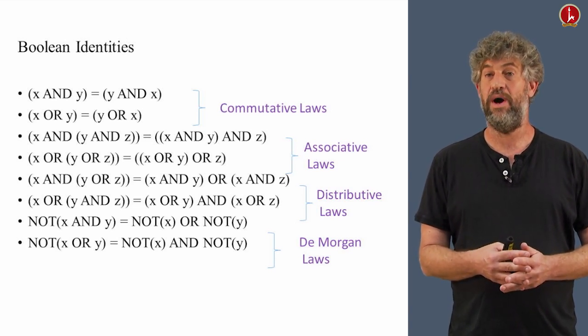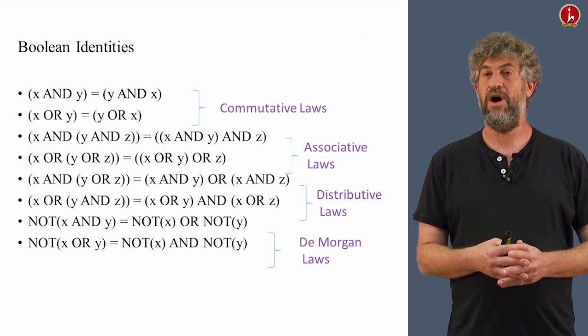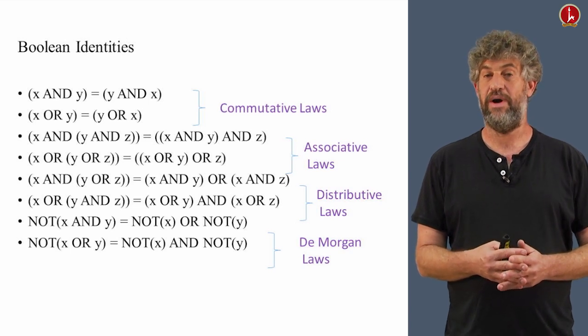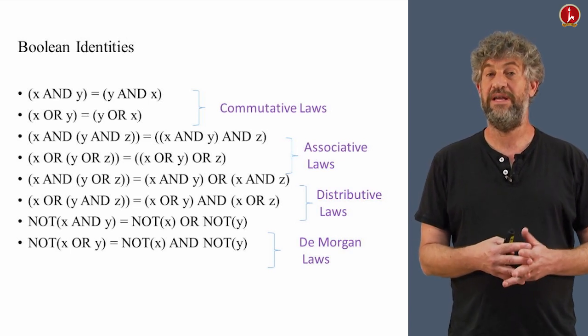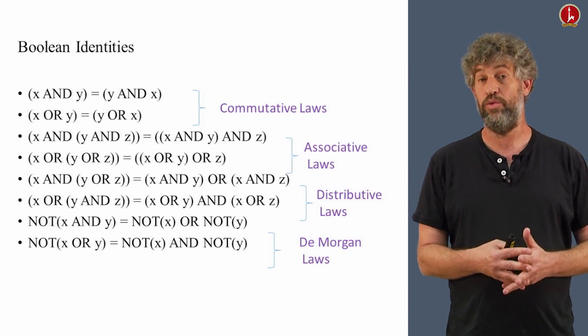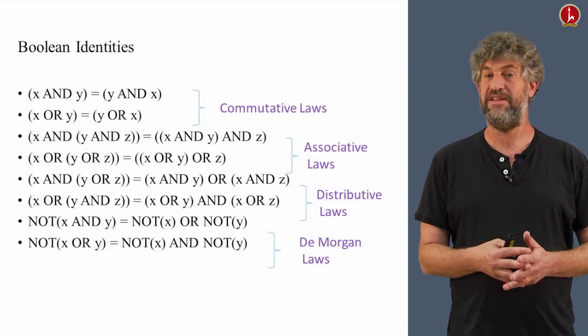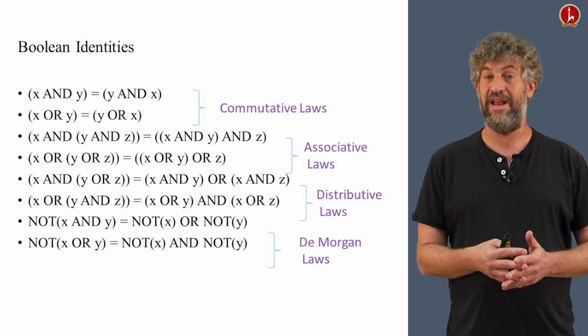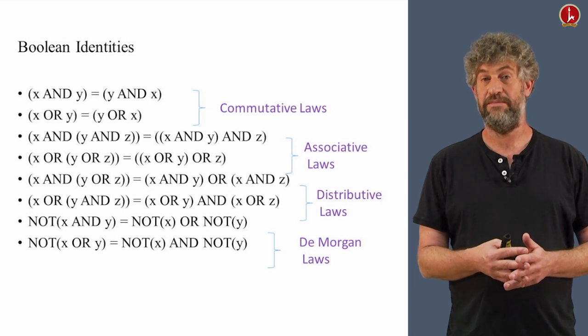And we have the dual one, that if you have not of (x or y), that's exactly equal to not of x and not of y. Now, all these laws can be easily proved, really proved, by simply listing all the possibilities in a truth table and verifying that they get the same truth table for the left-hand side and the right-hand side.